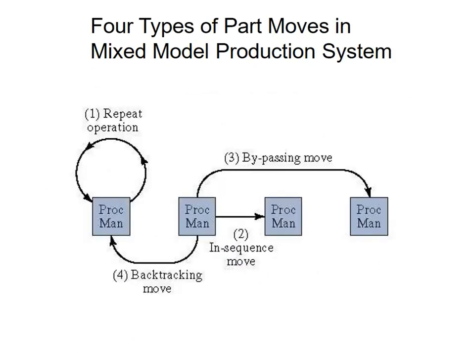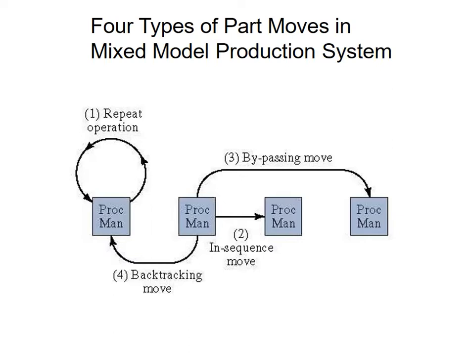So this is a fourth type, where the part moves in mixed model production systems. The first one, as you can see here, can repeat the particular operation, and the variation is managed by operating different moves.